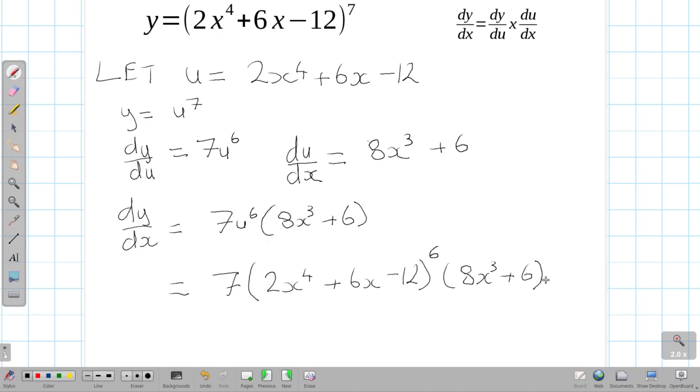And that's that one done. Simple as that. So we have a solution now. We have the derivative of the first term that we started with. So now we can put any value of x in and find out what the gradient is at that point. So moving on to example number 2.